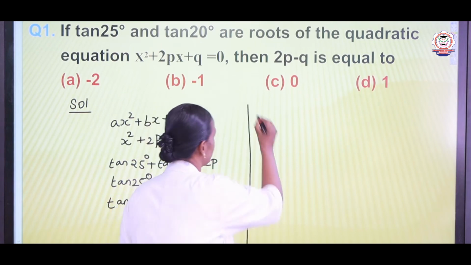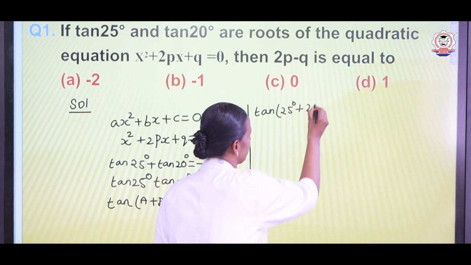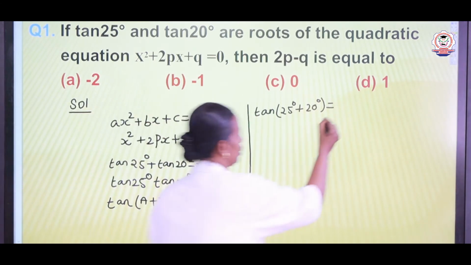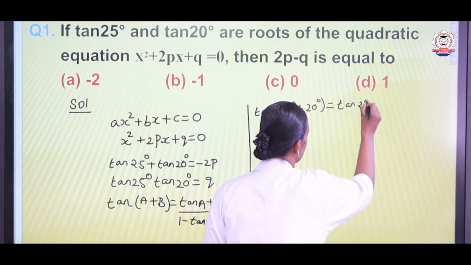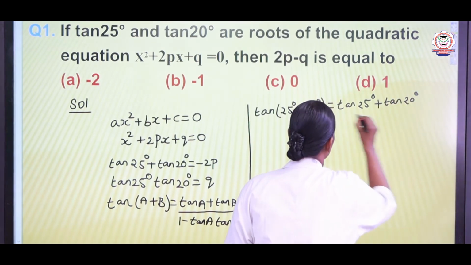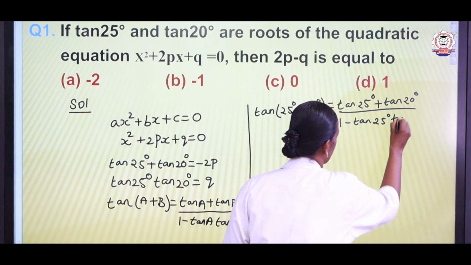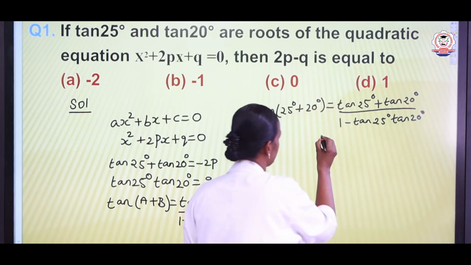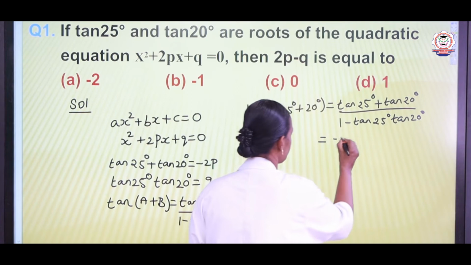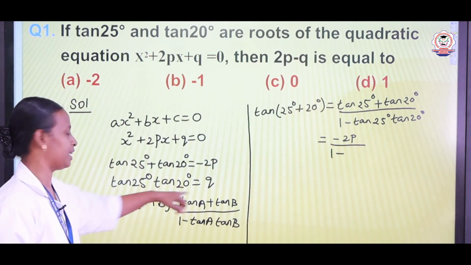So tan of 25 degree plus 20 degree equal to tan 25 degree plus tan 20 degree divided by 1 minus tan 25 degree into tan 20 degree, which is equal to minus 2p by 1 minus tan 25 degree into tan 20 degree, that is nothing but q.